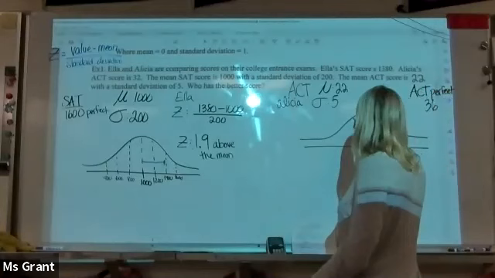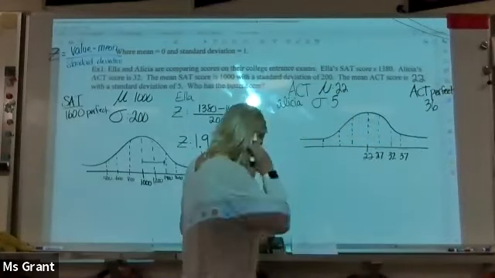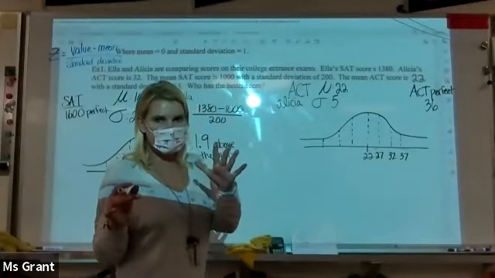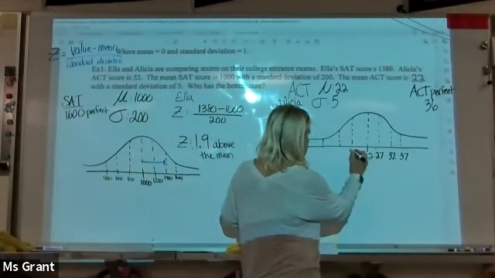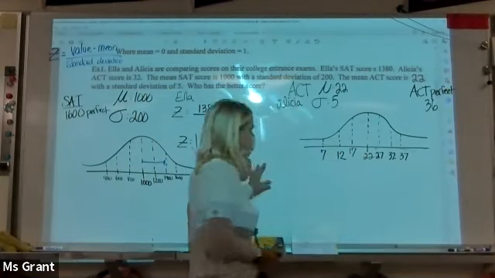Then I go 3 below, which I realize I should space out a little better. I go by 5s because that's my standard deviation. 22 minus 5, so 17, 12, and 7.